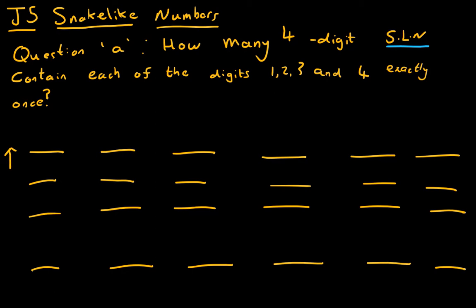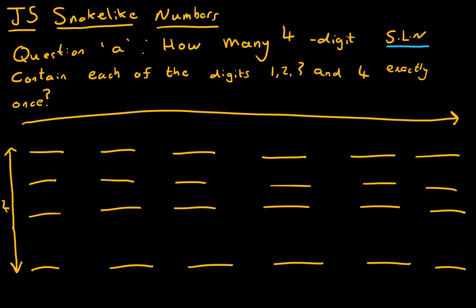So we have 4 going down and we have 6 going across. 4 sixes are 24, and our permutation number is 24.